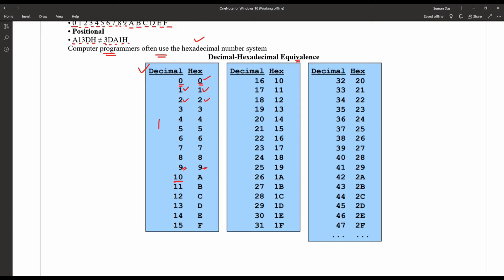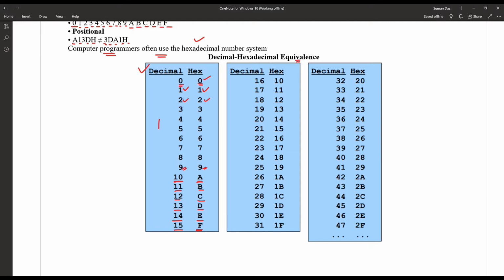The number 10 in decimal is written in hexadecimal as capital A. The same for 11, that is capital B, for 12, capital C, for 13, capital D, for 14, capital E, and for 15, capital F. So those are the 16 symbols used in the hexadecimal number system.